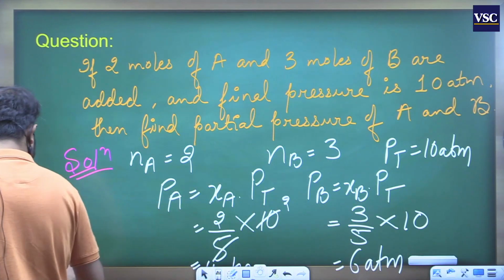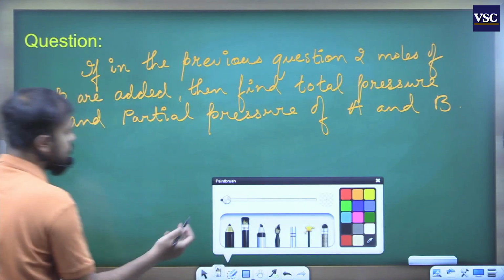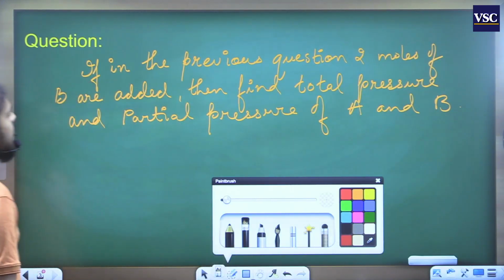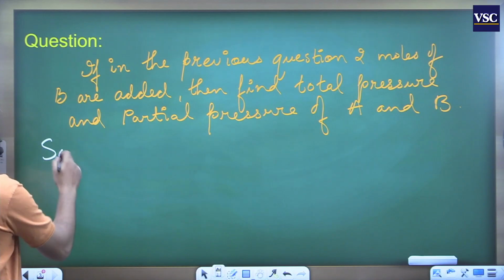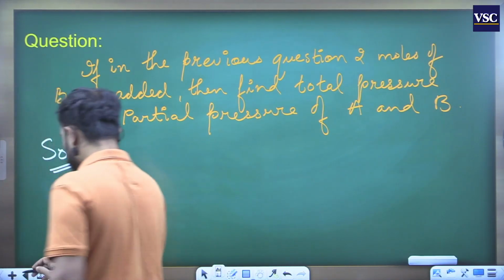Let's solve a different question. What is the question over here? If in the previous question 2 moles of B are added. Okay, what was the previous question?